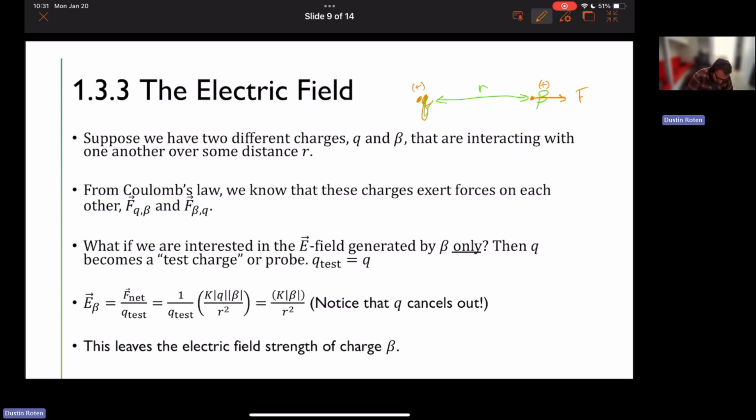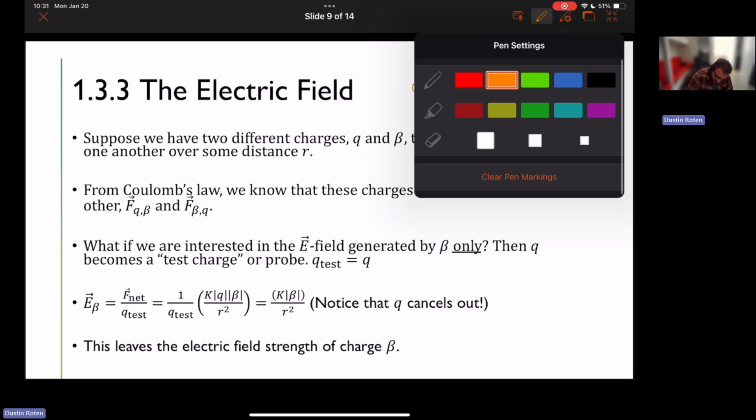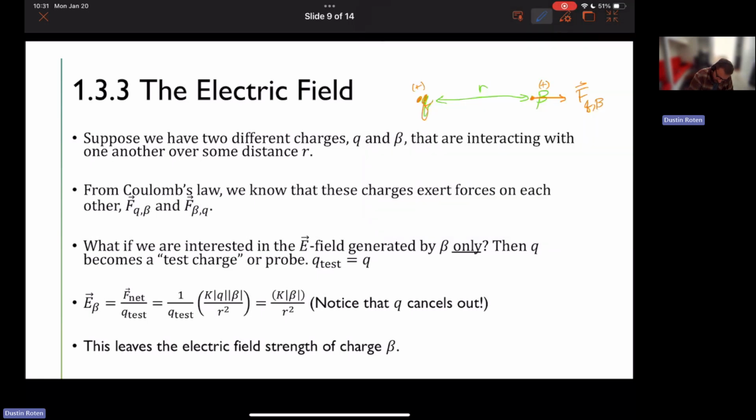So this is going to be the force of Q on beta. But at the same time, we also have, let me do blue, beta, which is going to be pushing Q away. So this is going to be the force of beta on Q. Okay, so we have the orange vector, we have the blue vector. Those are our action-interaction pairs.